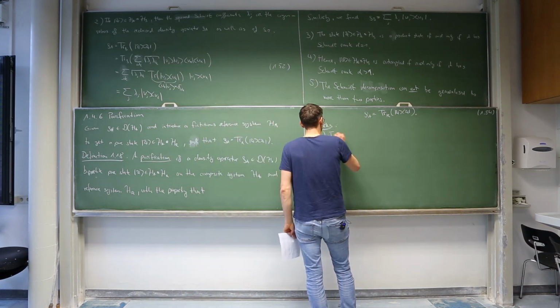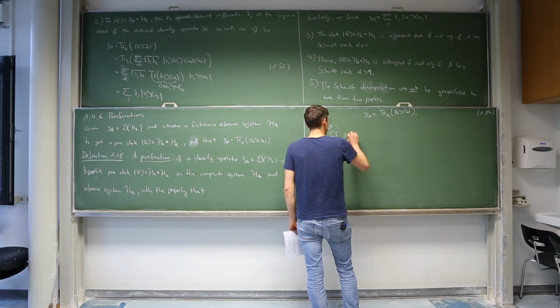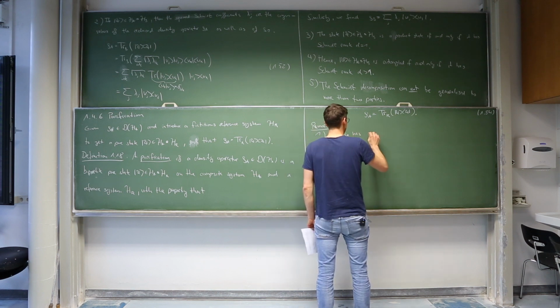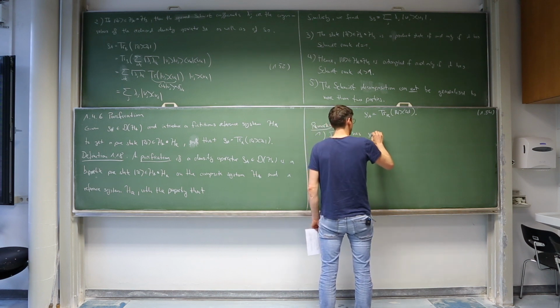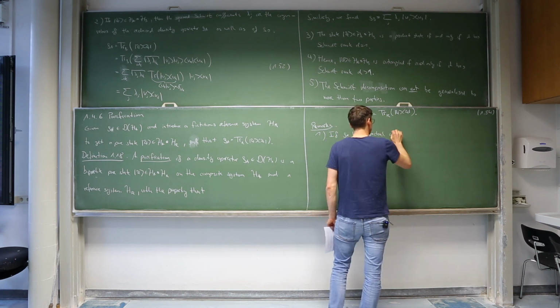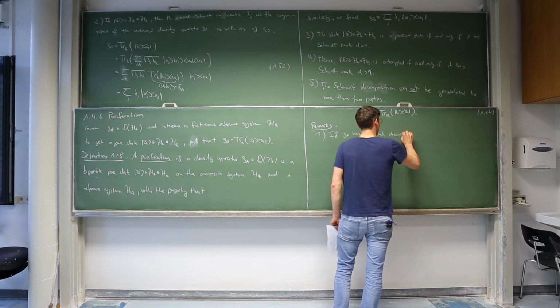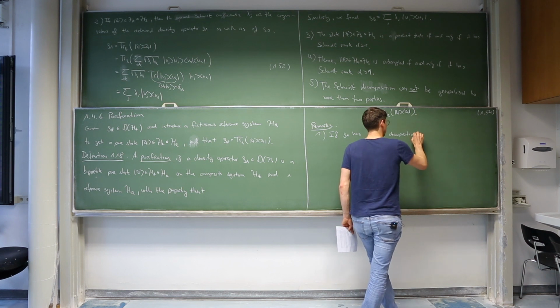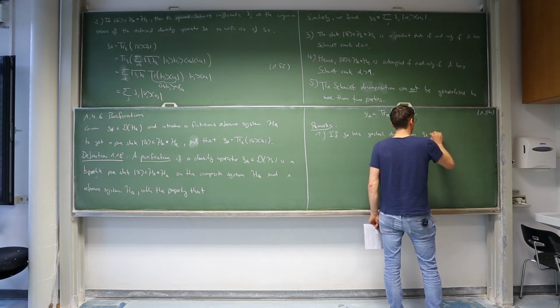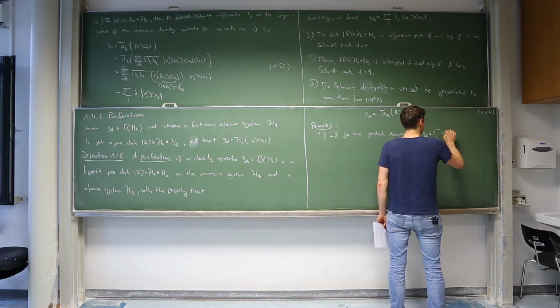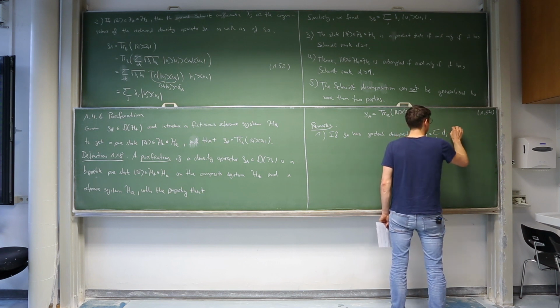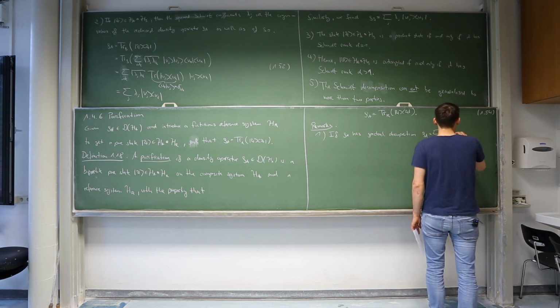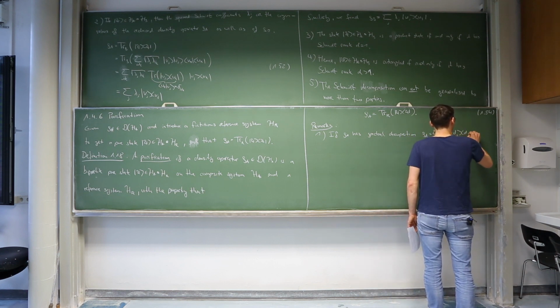It says if rho A has spectral decomposition, rho A equal to, let's call the eigenvalues dj, and the eigenvectors, let's also call them dj.